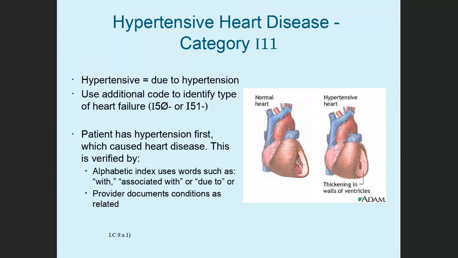you're going to code that separately. Now, I want to point out at the bottom of the slide is a notation, and this is where you will find this guideline in the official ICD-10 Coding Guidelines.